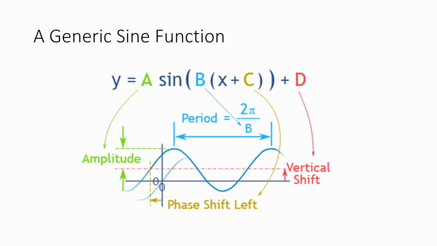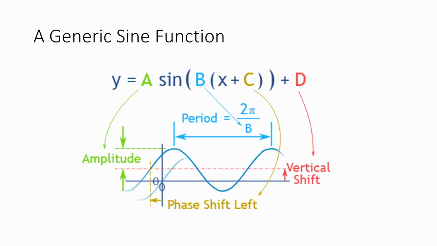That's what C conveys: whether our function has been shifted left or right. And then finally, you can also shift the function up or down, not to change the amplitude, not stretching the function, but just translating it and increasing or decreasing the average that your sine wave oscillates around. And all of these things are true for cosine as well.